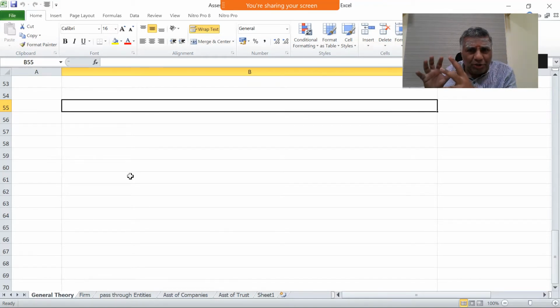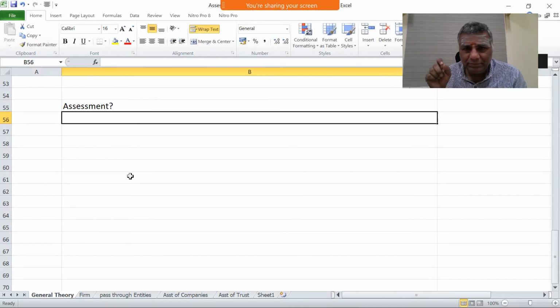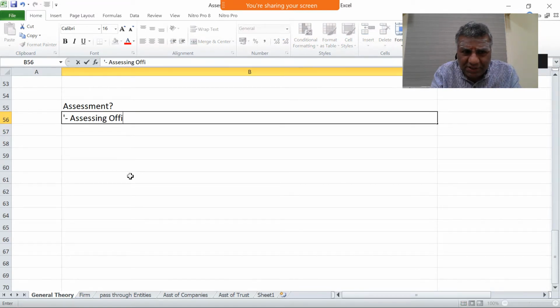Before going to that, I want the class to be clear about certain things. The first thing I want you to understand is what is meant by assessment. You should remember it is done by somebody who is known as the assessing officer.